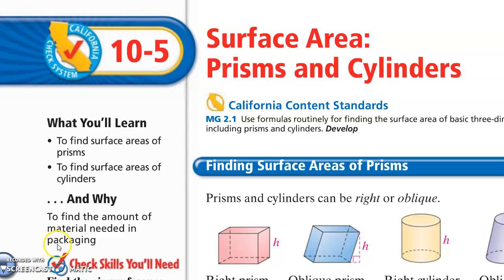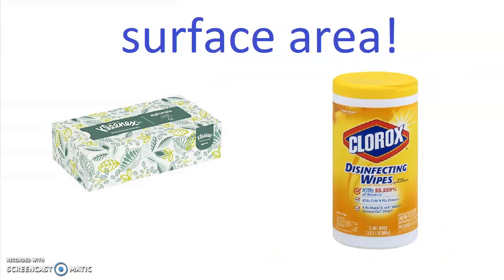It's Mr. Lopez, and today we're going to talk about surface area, specifically surface area of prisms and cylinders. If you remember from previous lessons, we have talked about prisms and cylinders before. Right here is an example of something called a prism, and over here is an example of something called a cylinder.